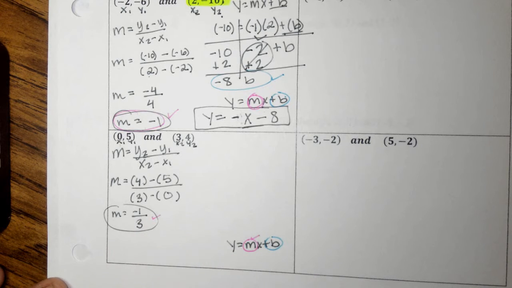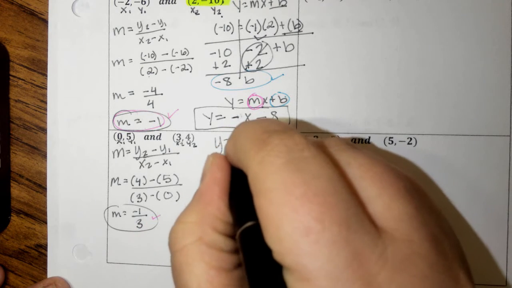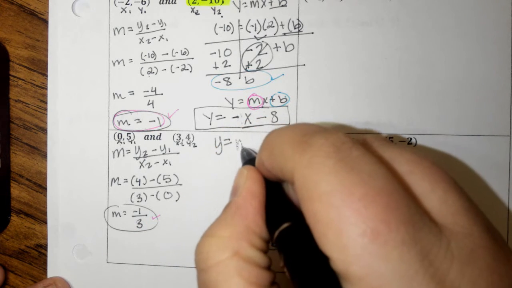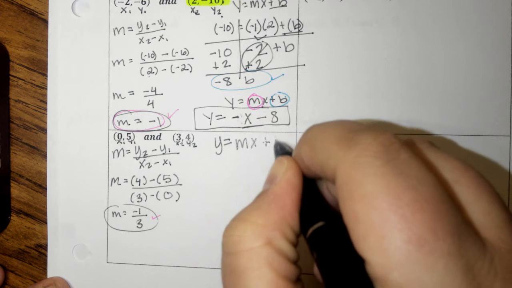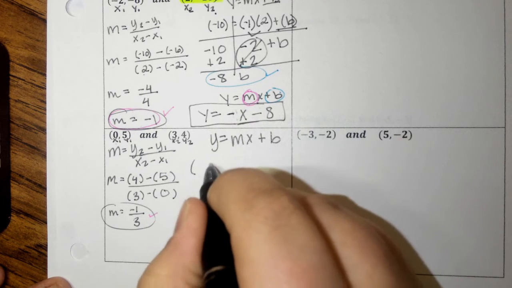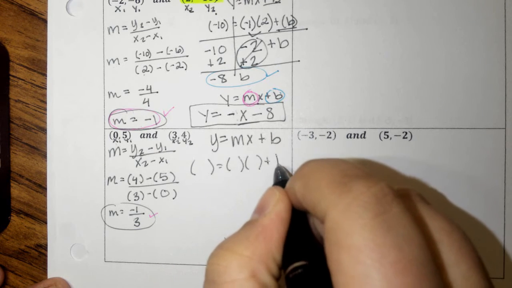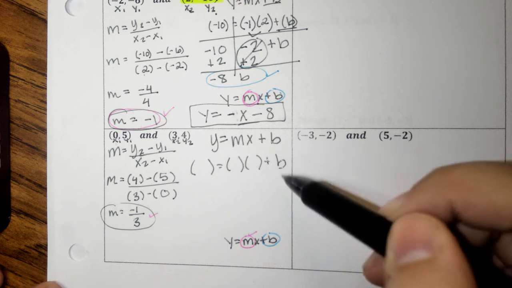Now that I know that, I'm ready to find the y-intercept, because I might not know it yet. So I write the equation that I'm going to use, and I'm going to put bubbles in place of every letter, except for b because I'm trying to solve for b.